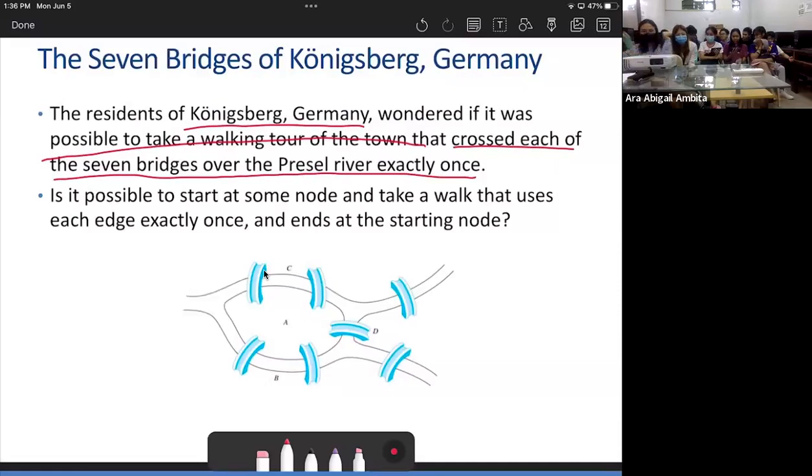But, iko-cross lang once. Okay, so, at some node, take a walk that uses each edge exactly once and ends at the starting node.